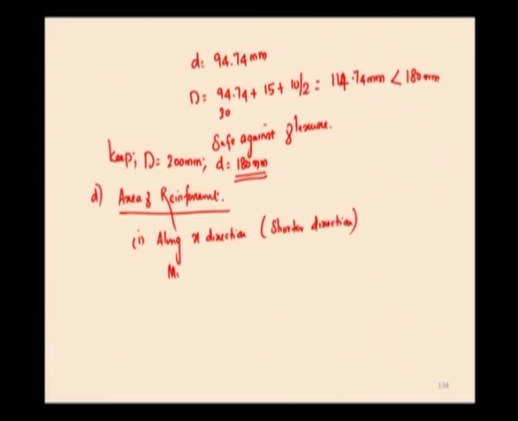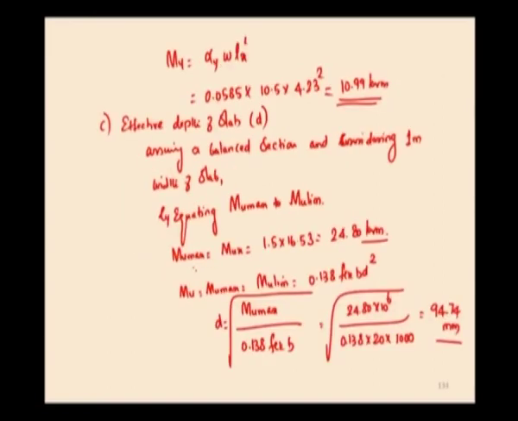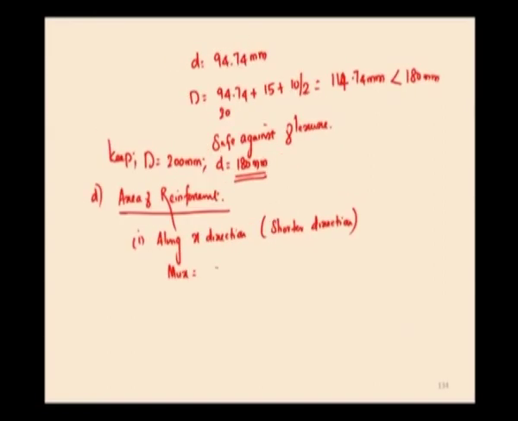So, here Mu x is equal to, that is we have calculated, 24.80 kilonewton meter. So, here we have provided the depth which is greater than 114.7, so automatically the section will be converted into an under reinforced or singly reinforced section.